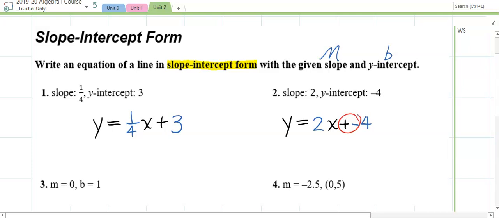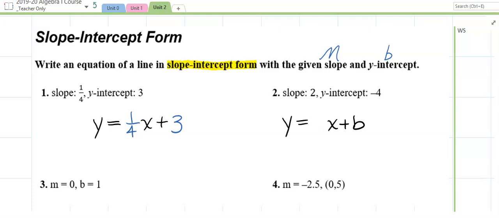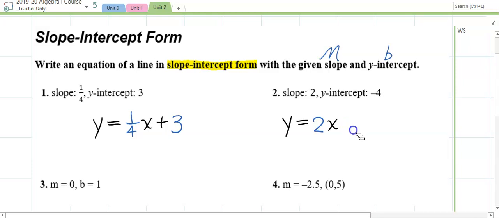So instead, let's back up. We're going to put the slope in. But when I take out the b, I'm going to take the sign with it. And now I can just replace it with my y-intercept, with my b. We don't ever want to have double signs in our equation.